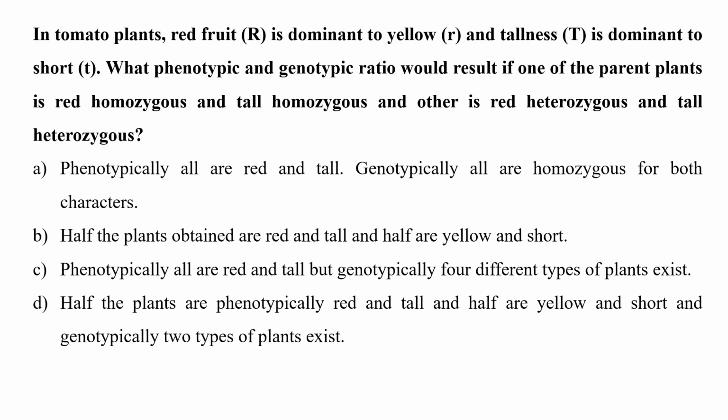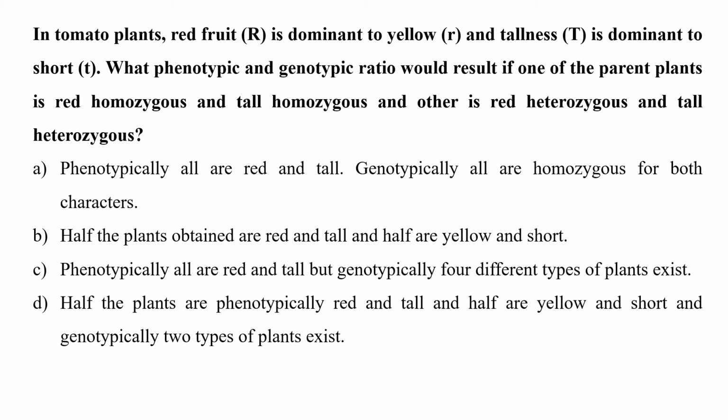Next question is, in tomato plant, red fruit, capital R, is dominant to yellow, small r, and tallness, capital T, is dominant to short, small t. What phenotypic and genotypic ratios would result if one of the parent plants is red homozygous and tall homozygous, and the other is red heterozygous and tall heterozygous? Since one of the parents has both dominant homozygous traits, the progeny will show dominant traits.